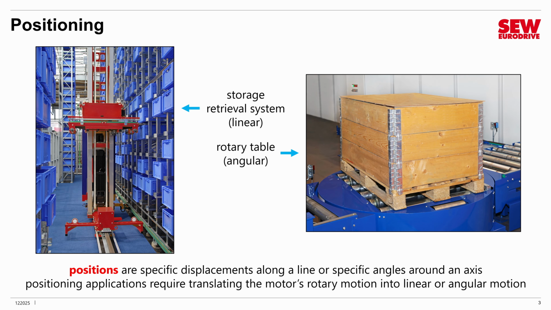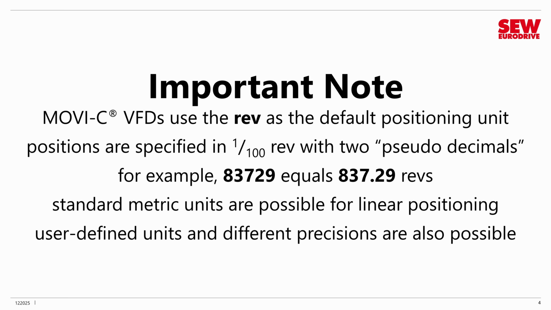An important note here, MOVI-C VFDs by default use the rev as their positioning unit. Rev stands for revolution. By default, positions are specified in 1/100th of a rev, 0.01 revs, and we have two pseudo-decimals. Now, what do I mean by this? Well, this ties into the fact that MOVI-C VFDs cannot accept decimal fractions when they're operating.